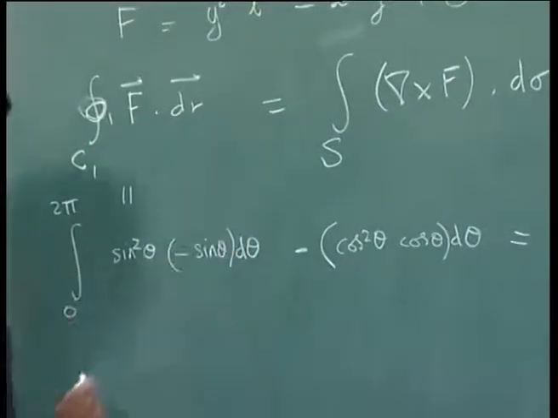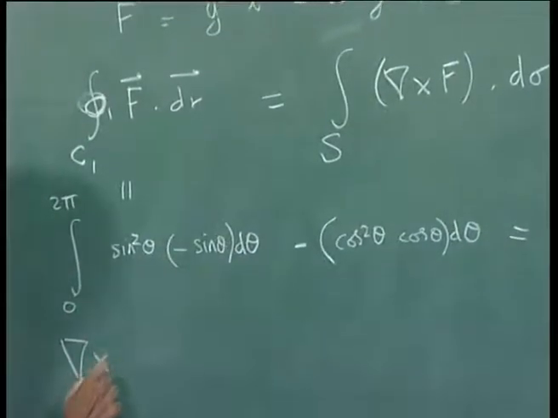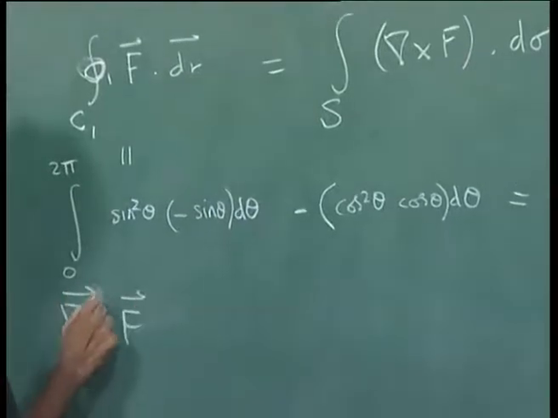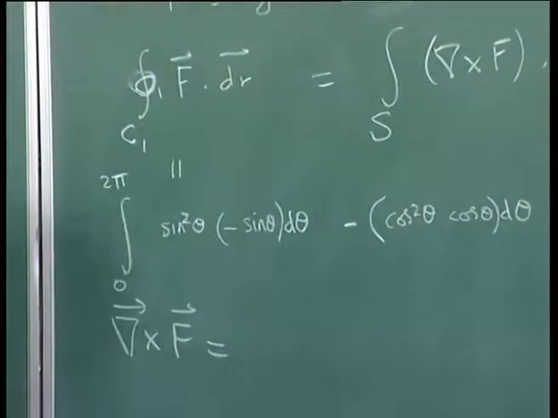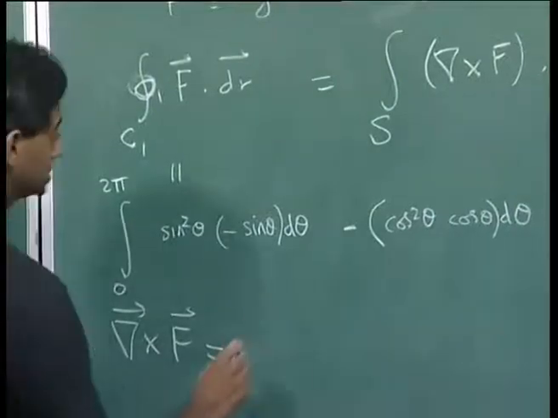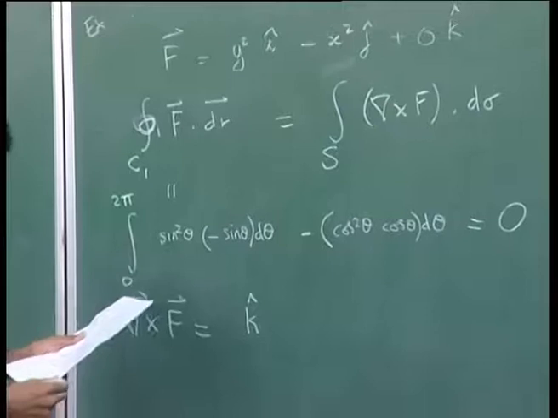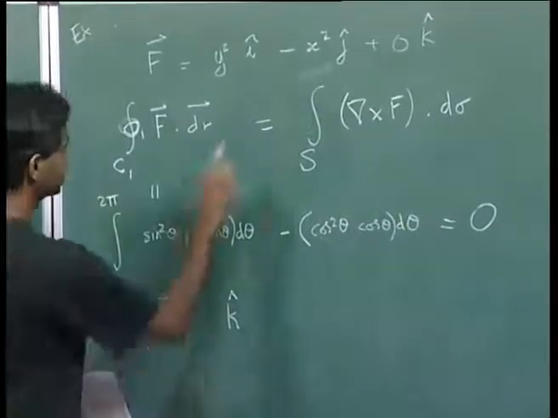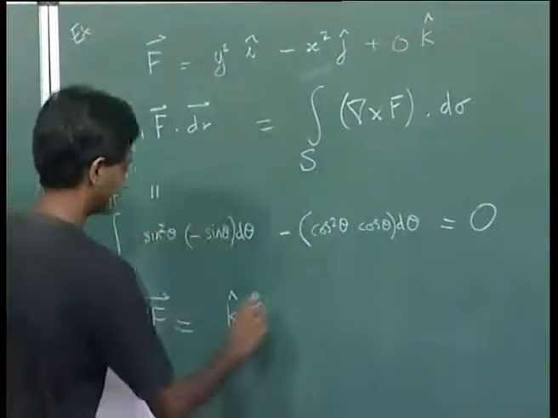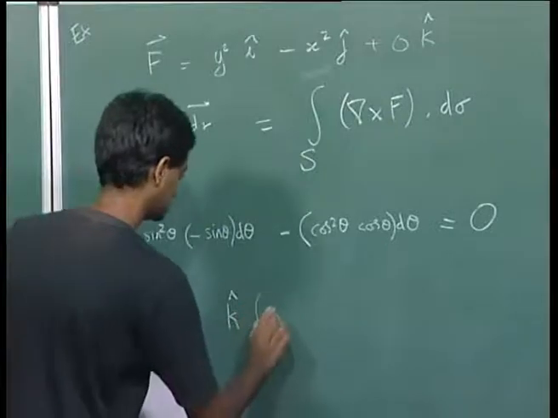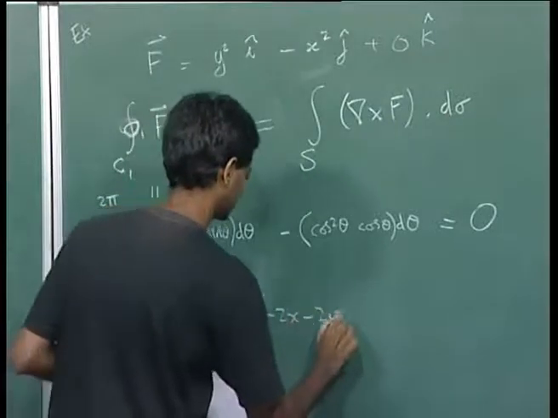Now if you calculate the surface integral, in order to calculate that, we look at del cross f. Del cross f is k into, and if you calculate this, you will get an answer of minus 2x minus 2y.